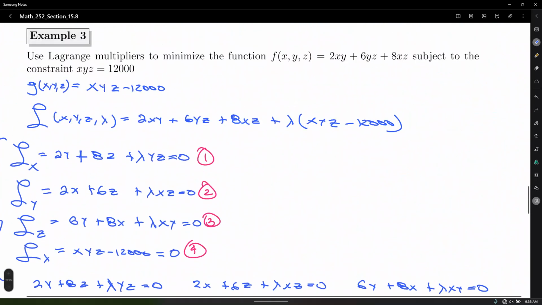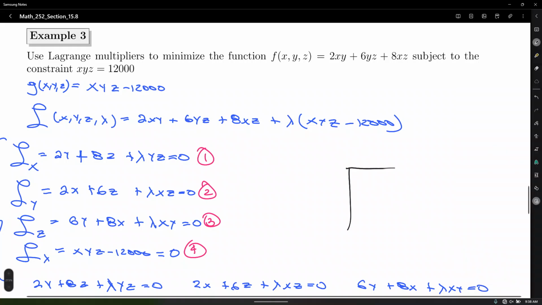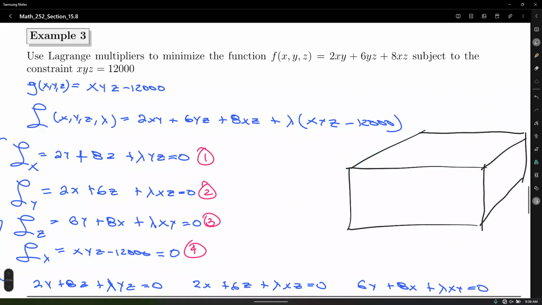So what do we have? Maybe this is a rectangular box whose volume xyz equals 12,000 units. Could be inches, feet, yards, whatever it is.